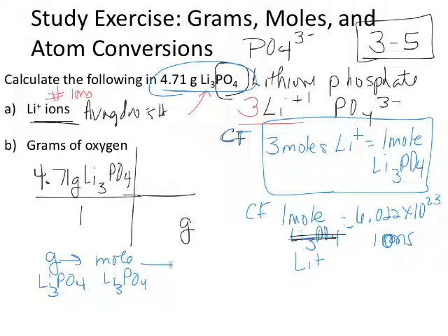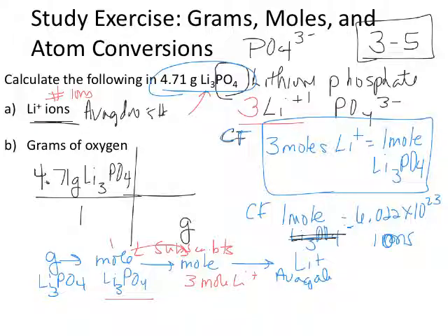And then for moles of lithium phosphate, we're going to convert to a substance here. We call that the mole to mole bridge, and you look at the subscripts here. So basically for 1 mole of lithium phosphate, you're going to have 3 moles of lithium ion. But it didn't ask for moles of lithium ion, it asked for how many. So then you're going to have to do Avogadro's number of how many. So the number of ions.